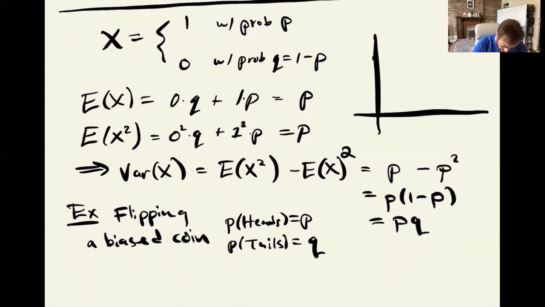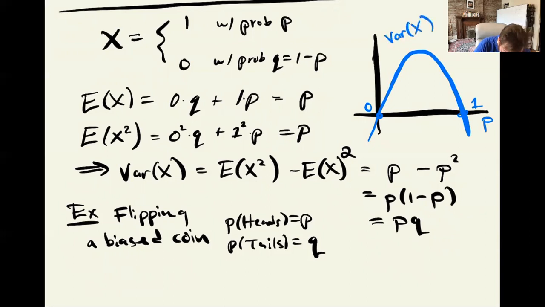Now notice this is just a parabola that passes through two values, 0 and 1. There's 1, this is 0. And so you think of this variance as a function of p. So this is the variance of x.